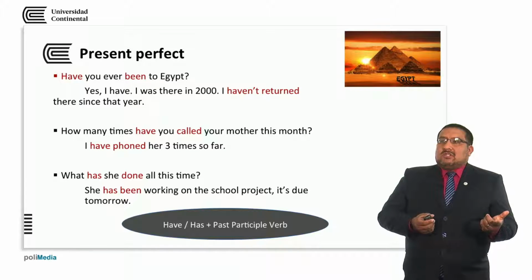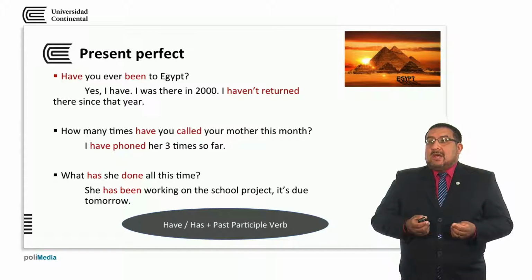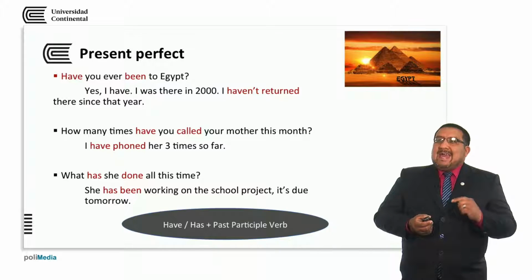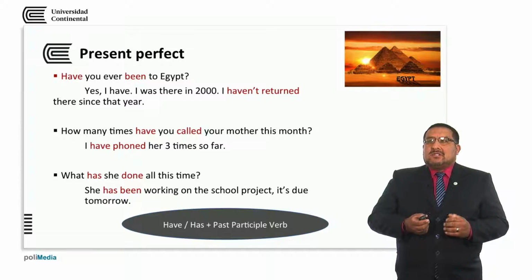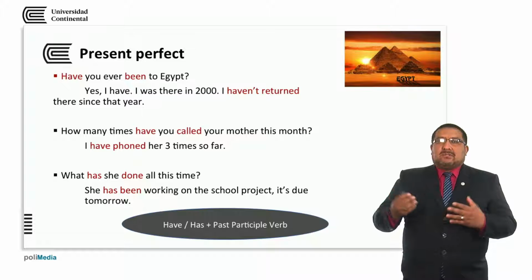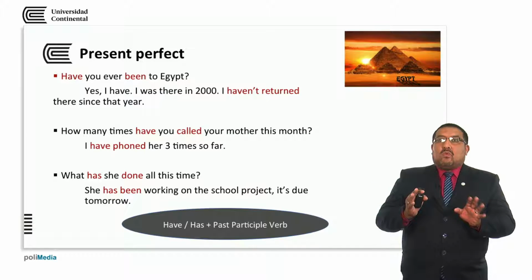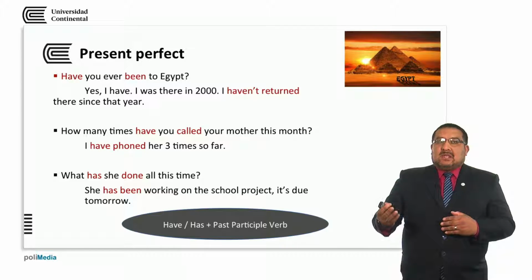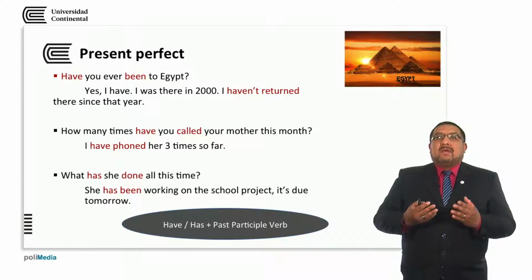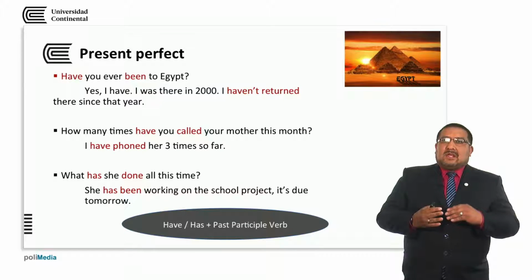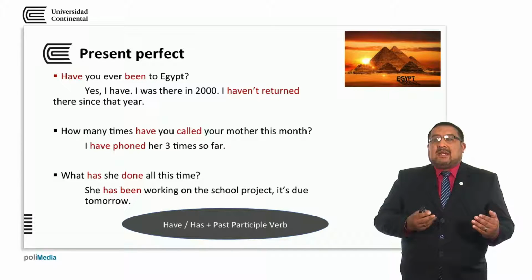Have you ever been to Egypt? Yes, I have. I was there in 2000. I haven't returned there since that year. We're talking about something that happened one time, but in the first question we don't know when that happened. And then in the extra information we have a reference to something that hasn't ever been repeated again.